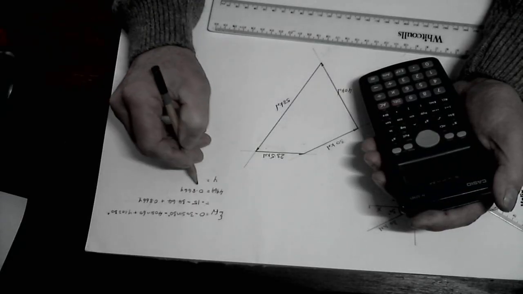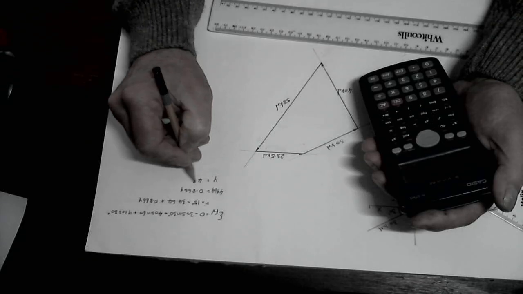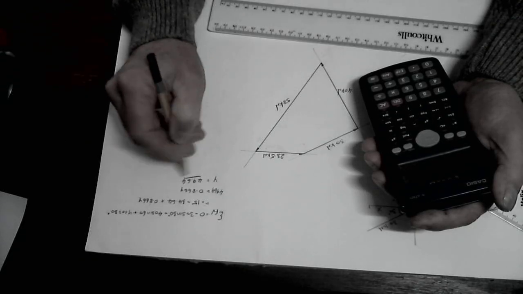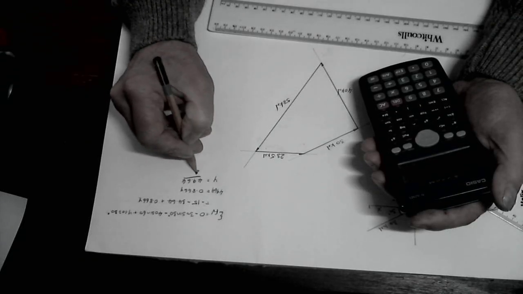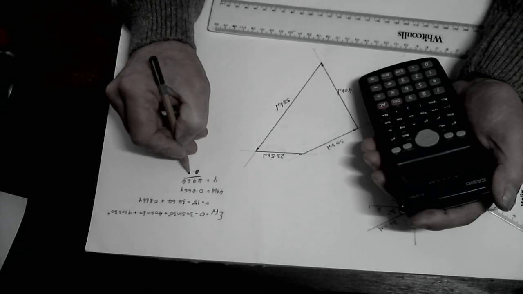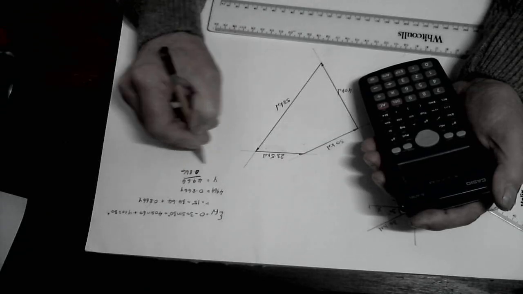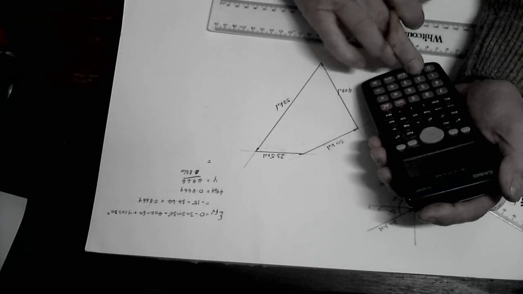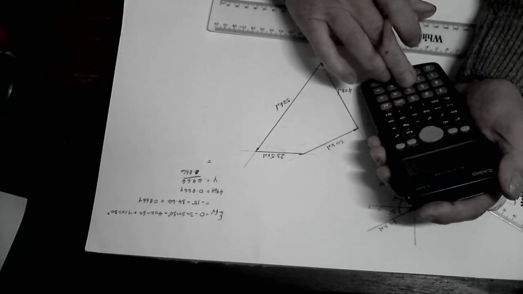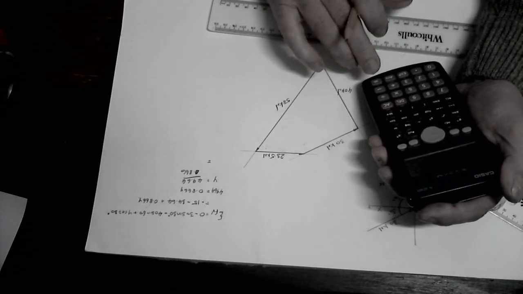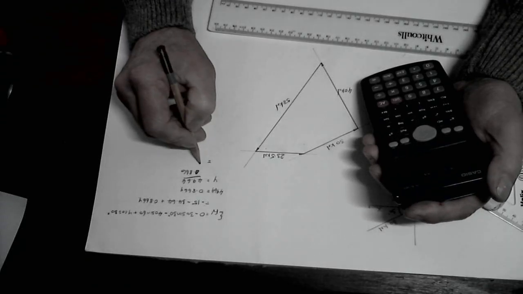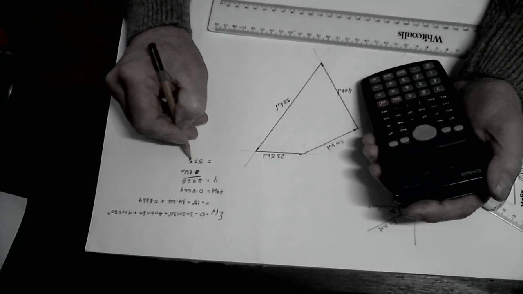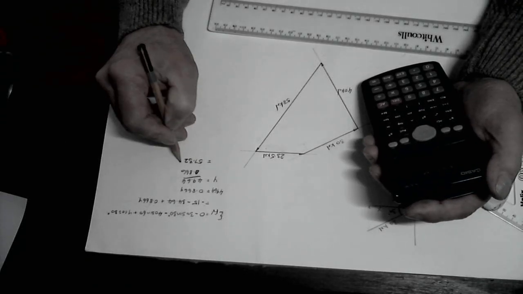is equal to 49.64 over 0.866. Dividing by 0.866 equals 57.32 kilonewtons.